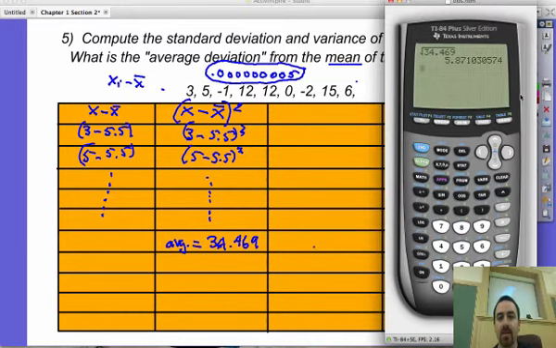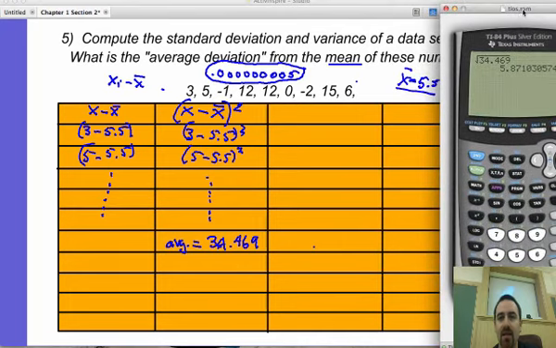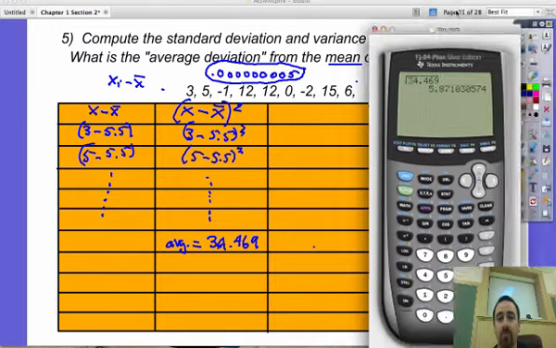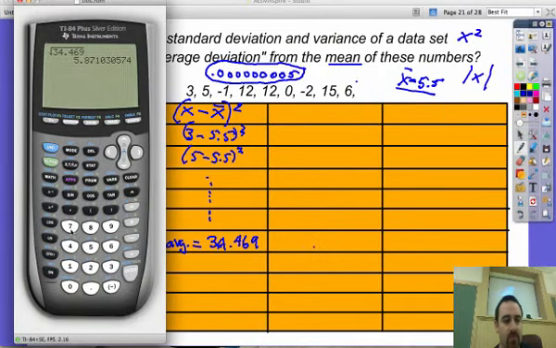What we're saying is that in some sense, the average distance from 5.5, from the average, is about 5.87. Is it reasonable to say that most of the data in here are within a range of, and again, I'm using these terms very loosely, 5.55 plus that value? Okay, now that's about right.